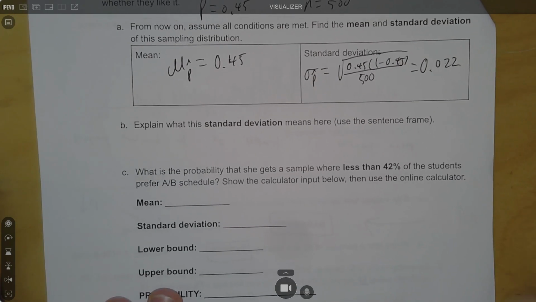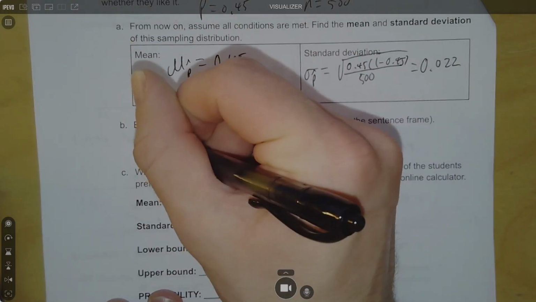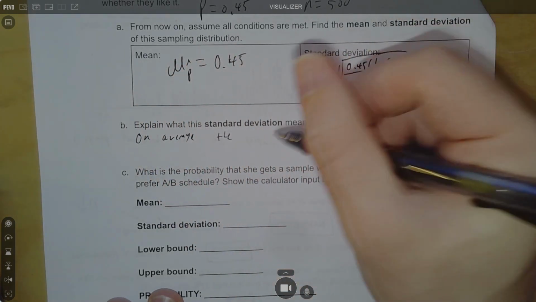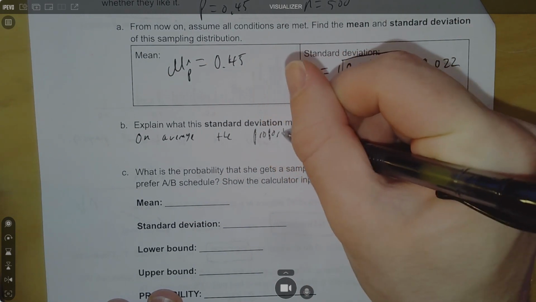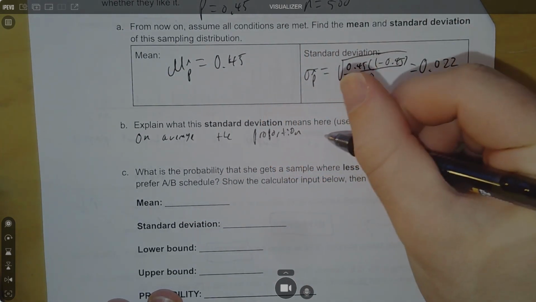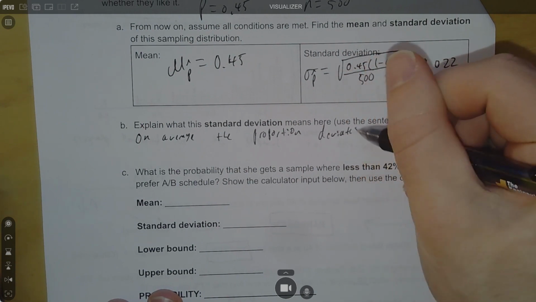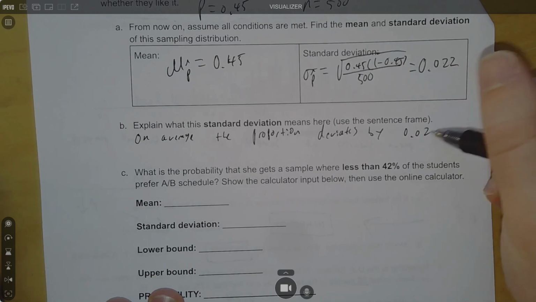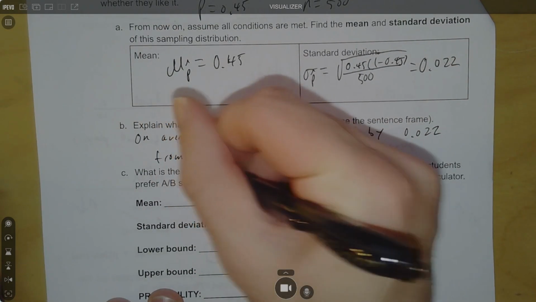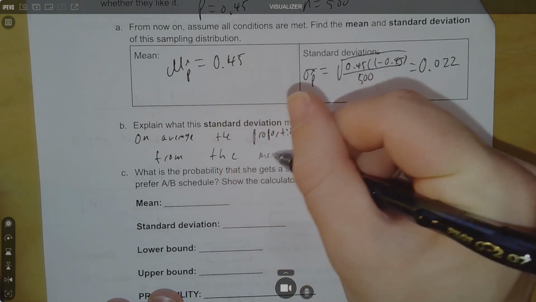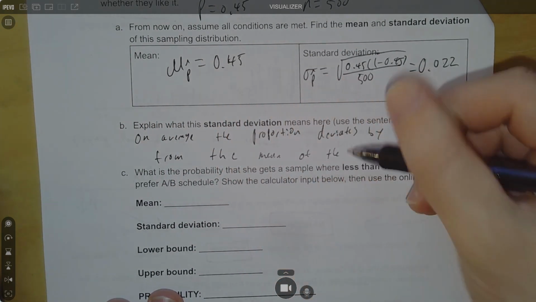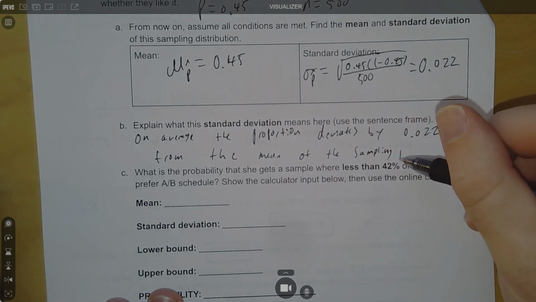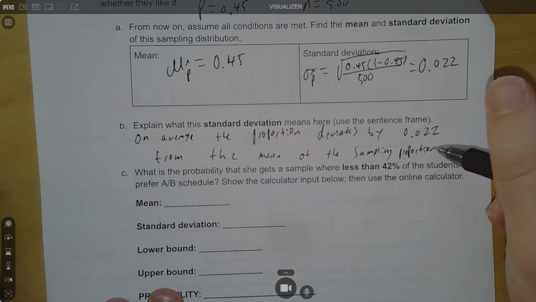Use a sentence frame. So this is saying that on average, the proportion deviates by 0.022 from the mean of the sampling proportion mean.